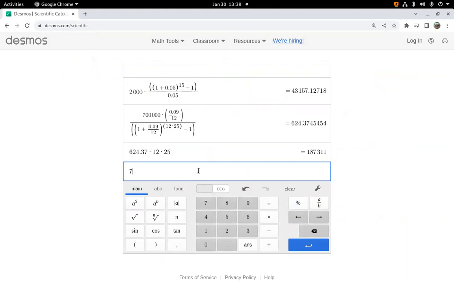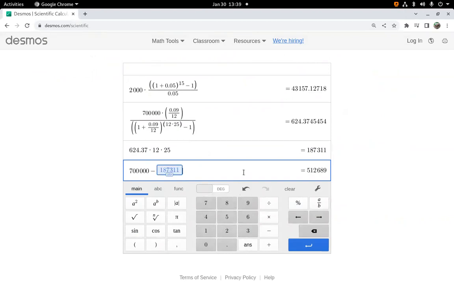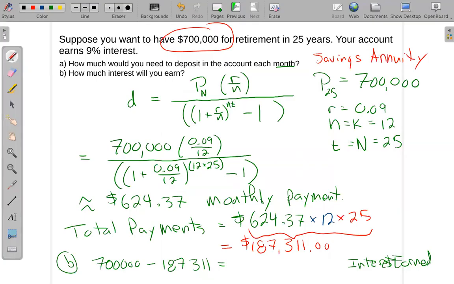So I'm going to take my 700,000. I'm going to subtract that previous number as it is there. And it looks like then the interest on the account over time was quite a bit, 512,689. So we earned quite a bit of interest on that account.